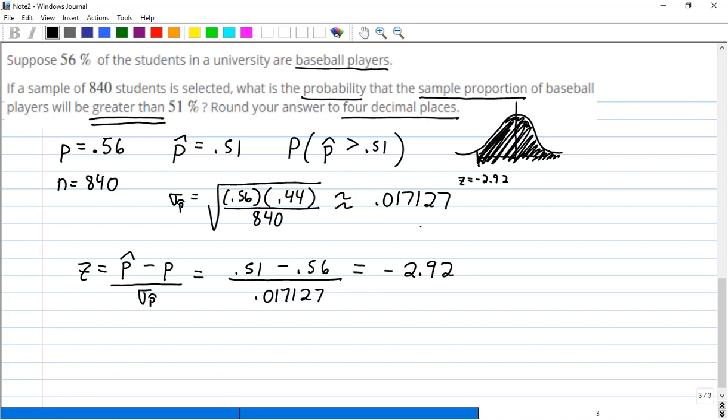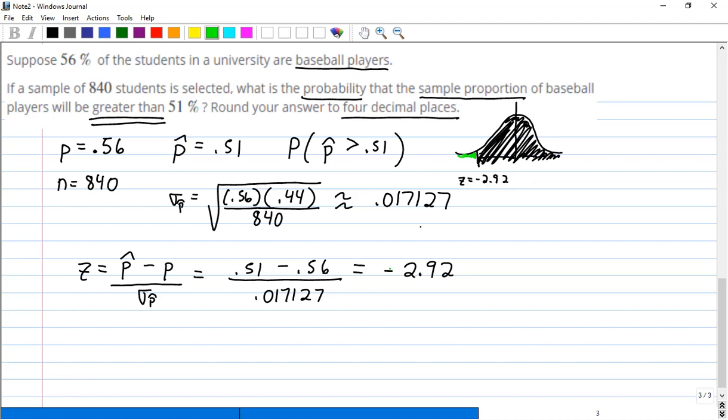Okay? Now, when I look in my table though, remember it's going to give me just this little piece right here because the table gives me the area from the far left all the way up to the z-score that we're looking at. Okay? So let's do that.